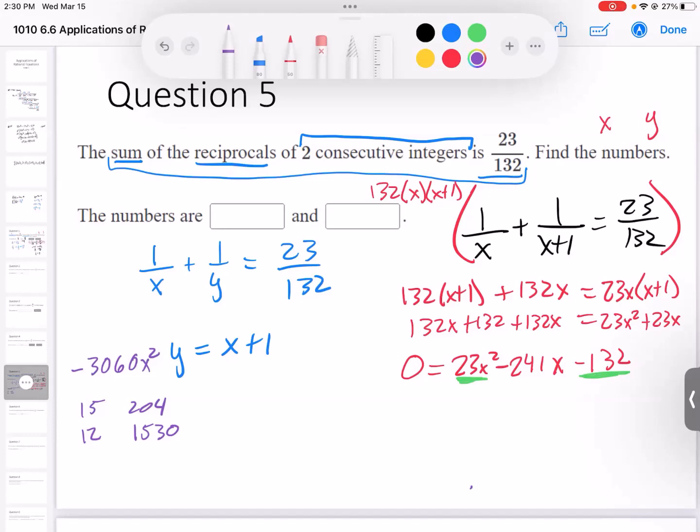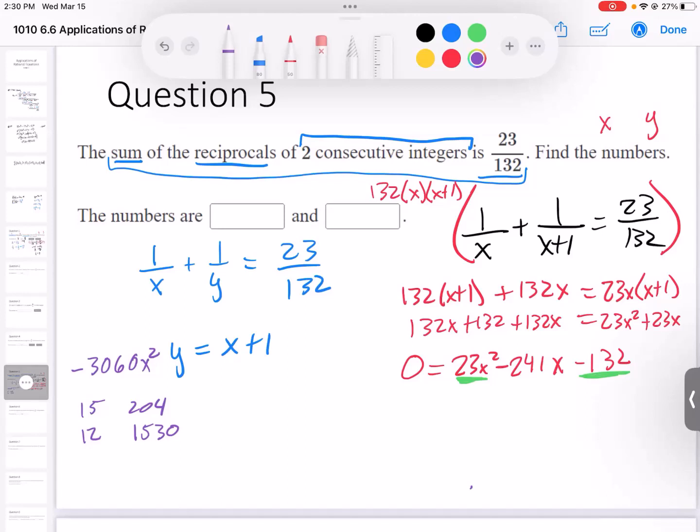Okay, well, we're gonna ask Google because I'm tired of thinking of these factors. So we want to look for factors of 3060. So we have the 12 and the 15.